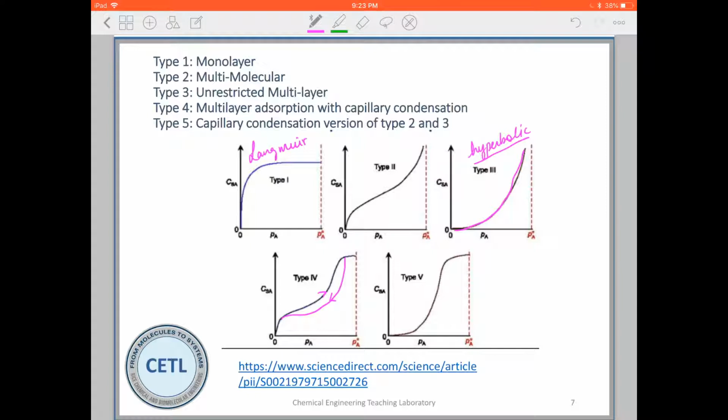And type 5 is capillary condensation, and it's actually a version of both the type 2 and the type 3 curves. Your goal in this lab is to conduct the experiment and figure out what type of adsorption isotherm you have. And we'll go into detail. There are several other types of adsorption isotherms as well.